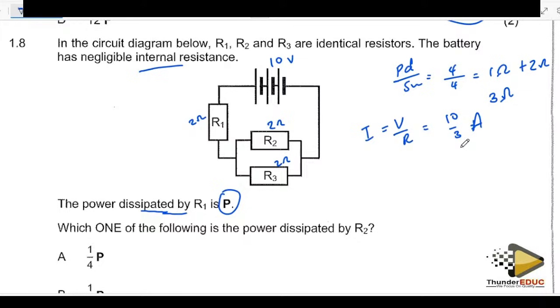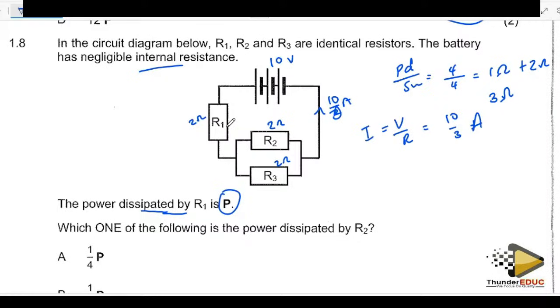Then I know that from the formulas, power is given as IV, or I can use another combination. Because this 10/3 is the current that is flowing through this entire circuit, it's the same current that is going to pass through R1.